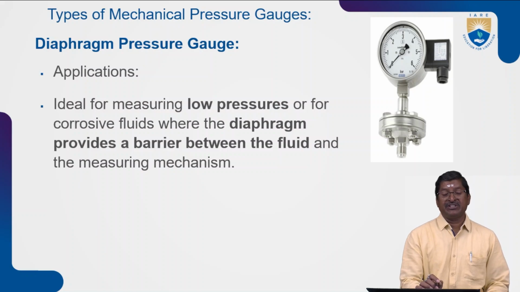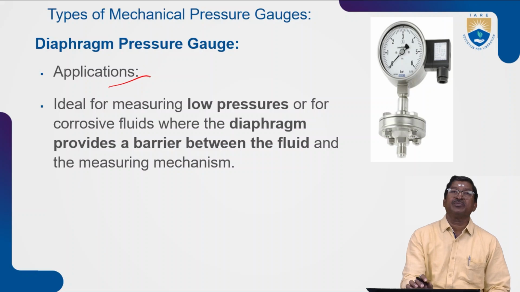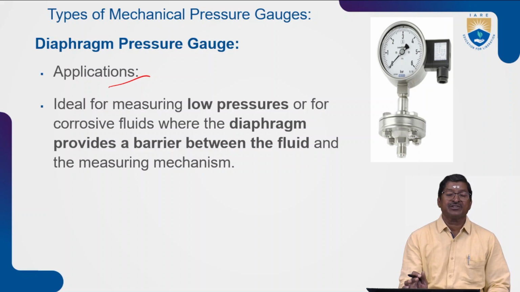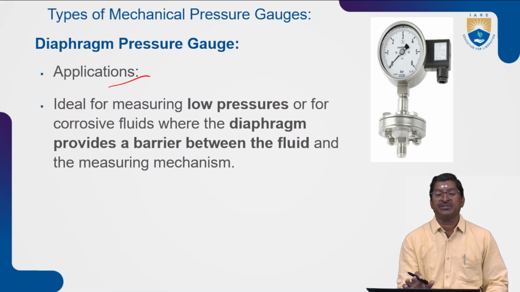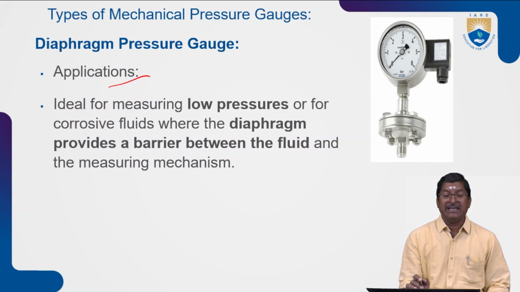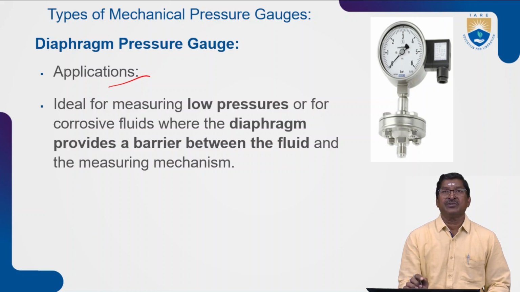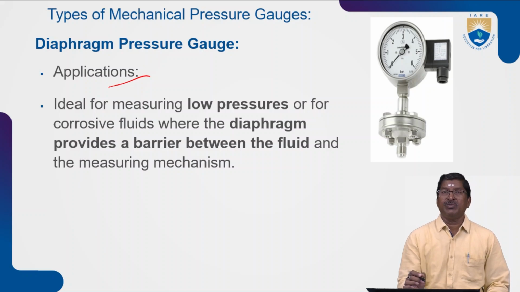So, diaphragm pressure gauge applications: where is it used? The Bourdon gauge is a C-type tube used for industrial purposes, and the range is vacuum to thousands of psi. Similarly, the diaphragm gauge is nothing but a very thin, flexible sheet that responds to the pressure, and the needle will move so it can measure the pressure.